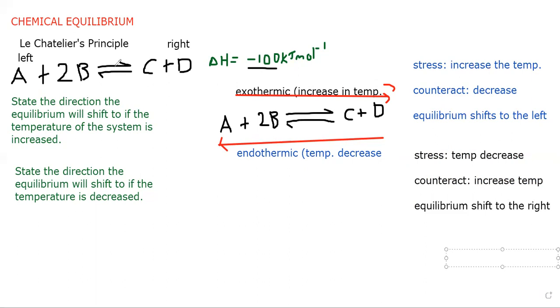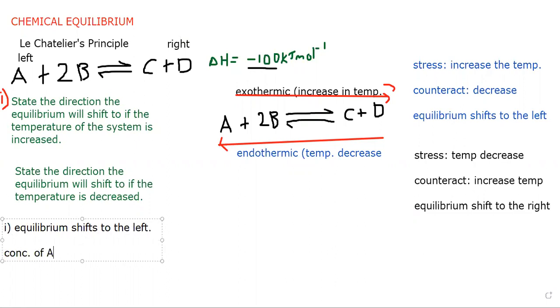So in scenario 1, the temperature is increased and the equilibrium shifts to the left. Once it goes to the left, the concentration of A and B increases, and the concentration of C and D decreases.